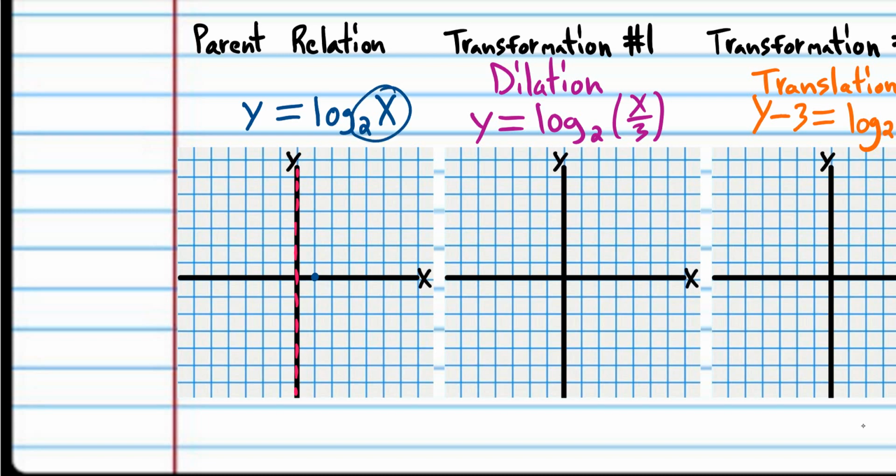If we plug in a number that's the same as the base, 2, then we always get 1. And if we plug in powers of 2, like 4, then we can find the rest of the values. Plug in 4, we get 2. And the next power of 2 would be 8, but that goes off the window. So then we can connect the dots. And there you go.